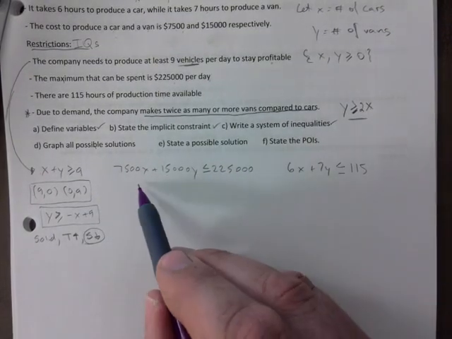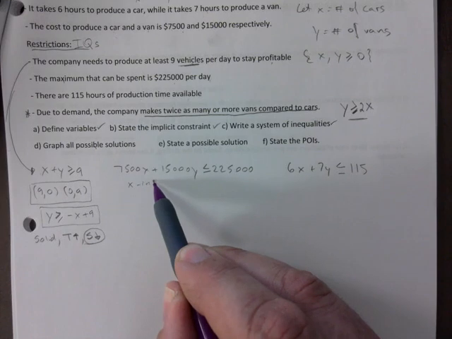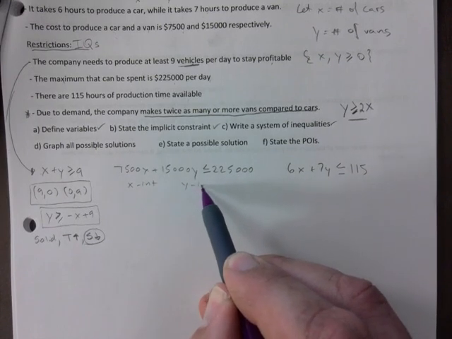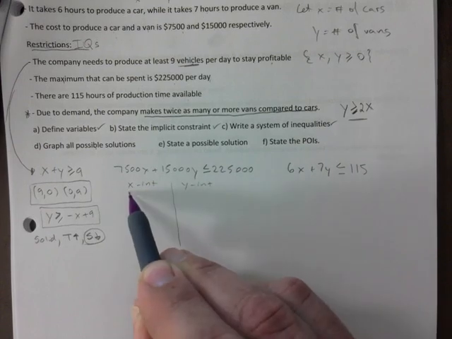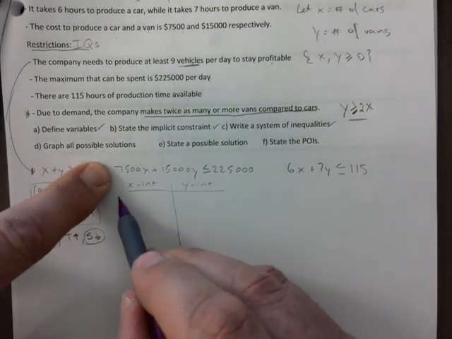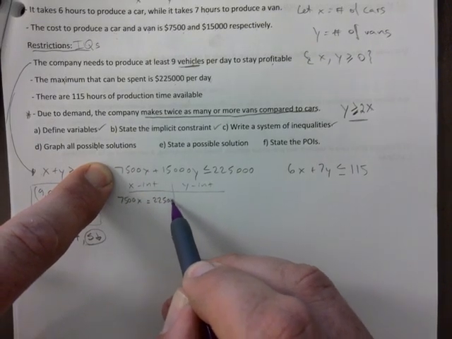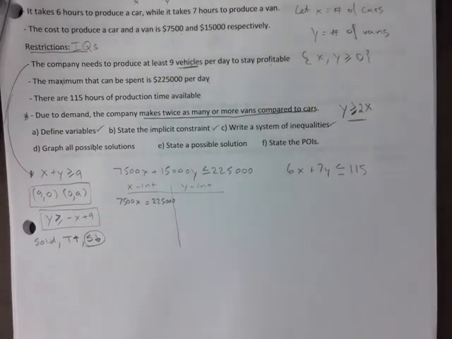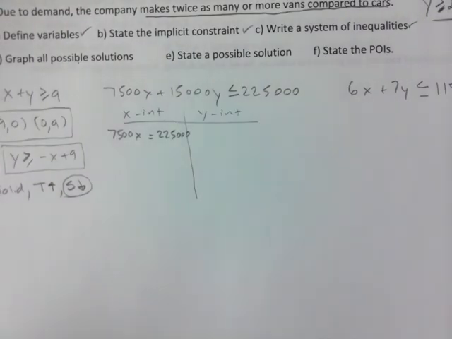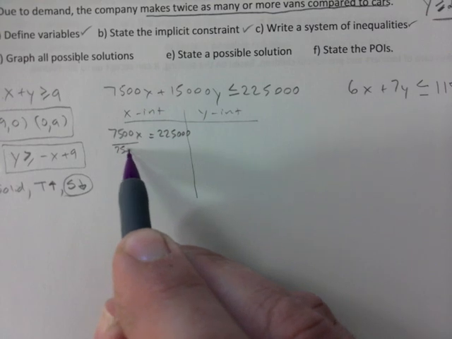Next, I'm going to do this one a little bit messier. So I'm actually going to do this part. So this would be 7,500x is equal to 225,000. Let me zoom into that. Divide by 7,500.